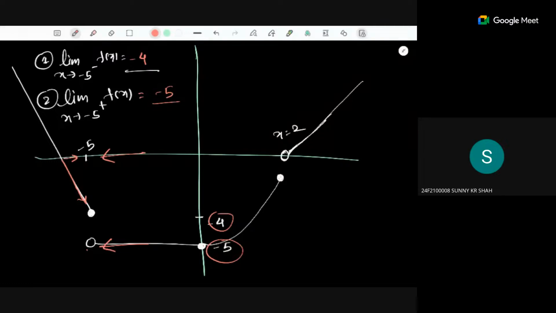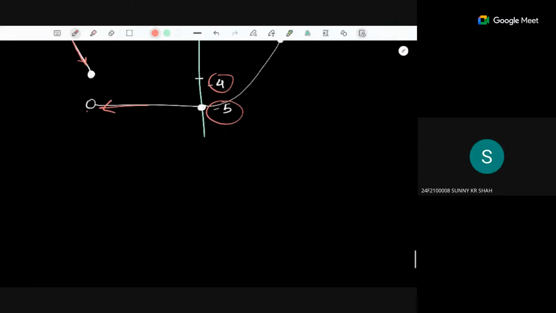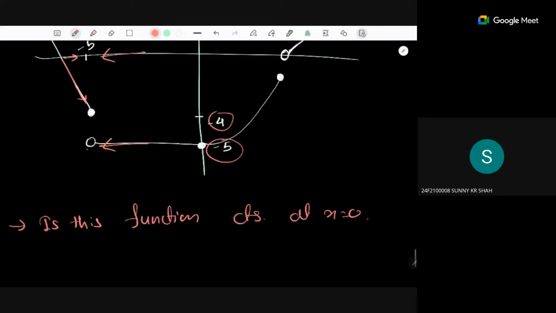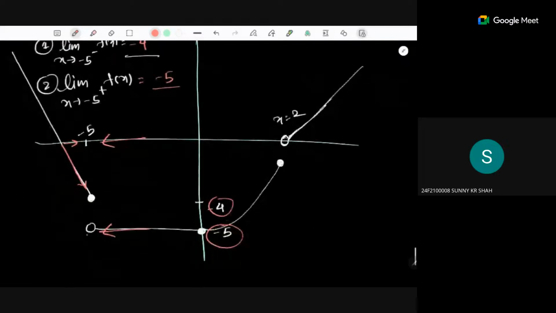Okay. Now, can you guys tell, is this function continuous at x is equals to 0? You can answer this yes or no. Why is it not continuous at x is equals to 0?